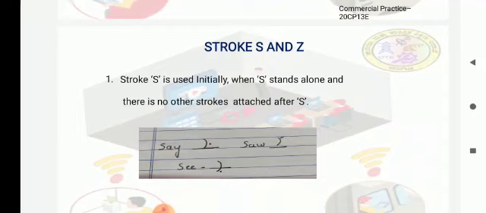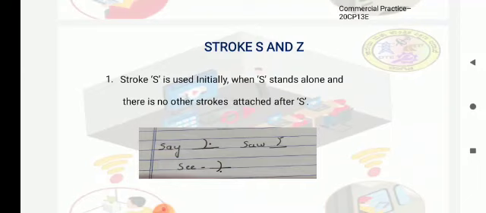So, rule 1 under stroke S and Z. The stroke S is used initially when S stands alone and there is no other stroke attached after S. There are so many words in English shorthand where the consonant S only appears and there is no other consonant attached to that word.